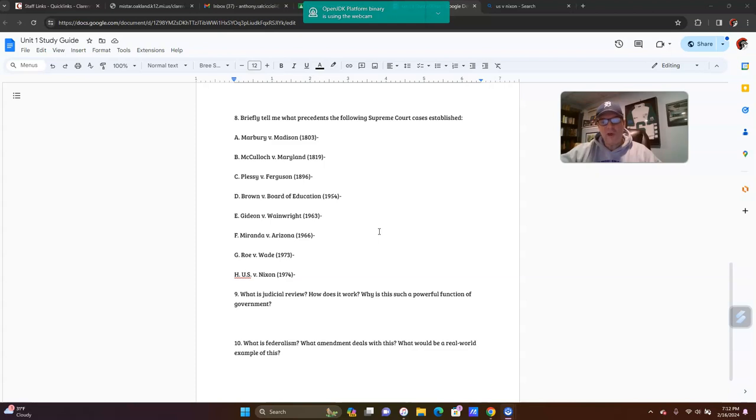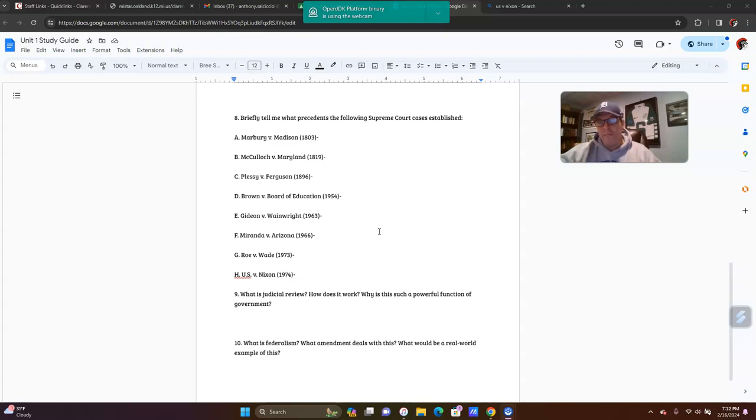Now, Gideon versus Wainwright, a very outstanding book called Gideon's Trumpet, if you ever have a chance to read that book. But Gideon hand wrote on a sheet of lined paper his issue. He went through the court system without representation, and at the end of it, they said everybody gets legal representation. Even if you're in poverty, if you can't afford a lawyer, everybody gets an attorney. Now, Miranda versus Arizona.